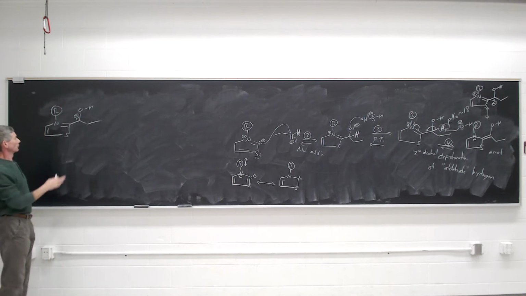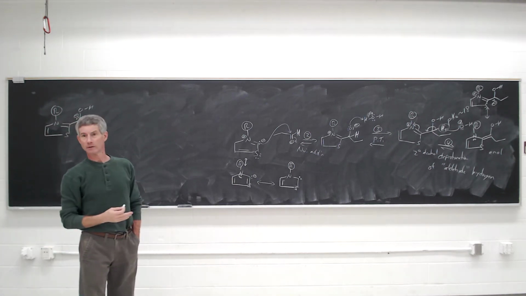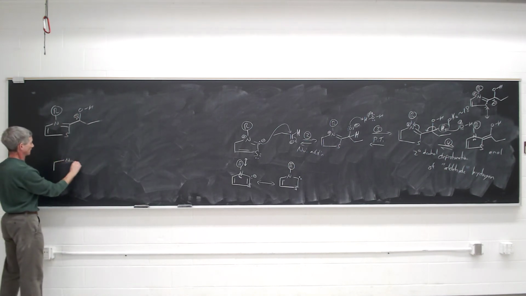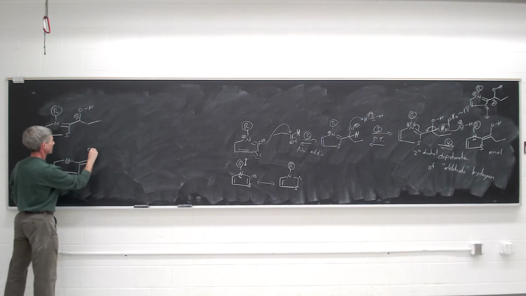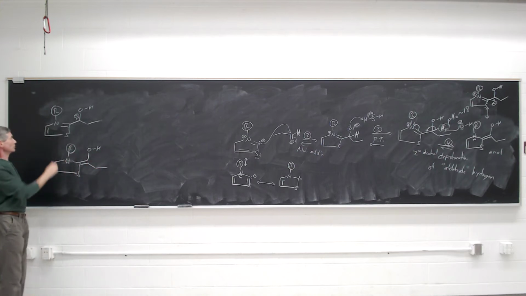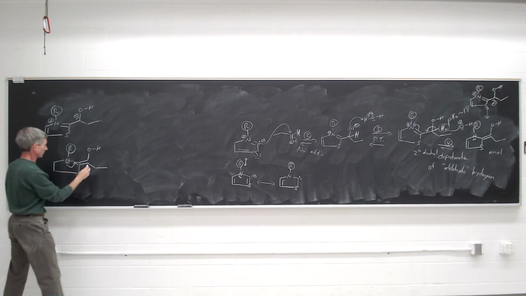I'm showing it from the resonance structure that has the negative charge on carbon, but you could just as well show the mechanism from the resonance structure that has the double bond and neutral nitrogen, simply by pushing this electron pair in.